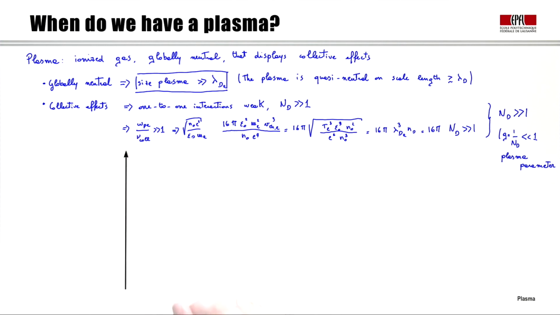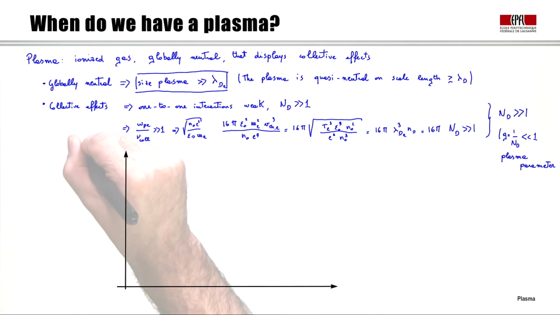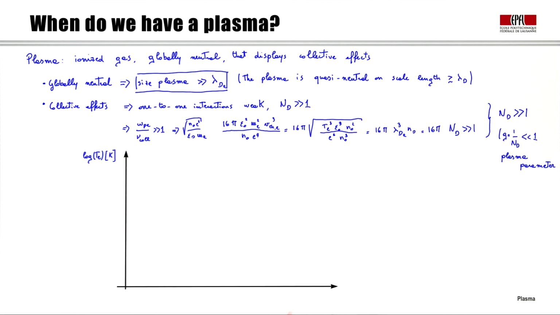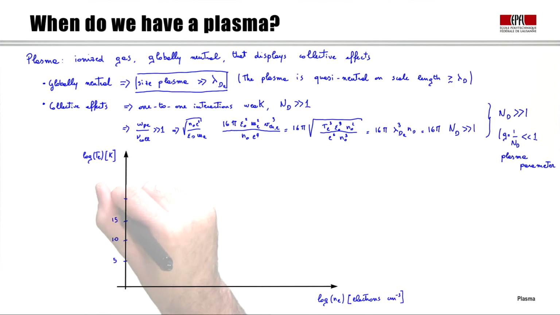Let's see on a plot that represents temperature and density when this actually occurs. We can represent the temperature in Kelvin and the density in electrons times centimeters to the -3. And we will have, let me put some scale.